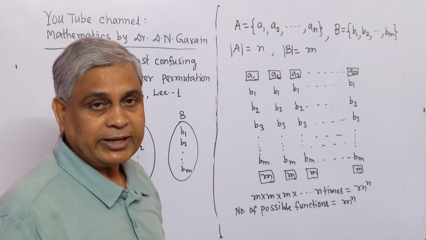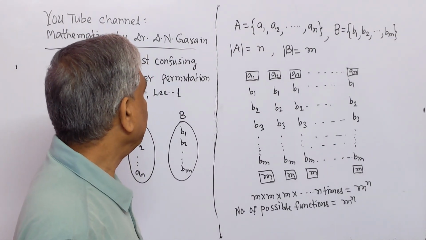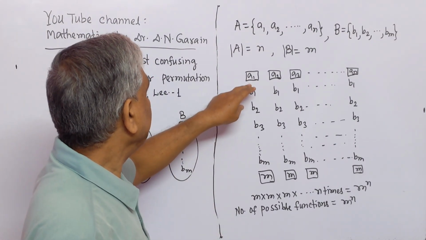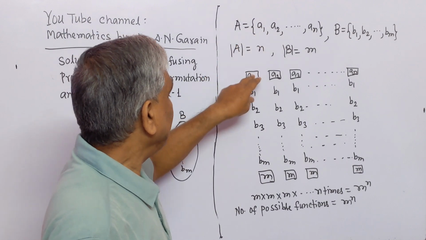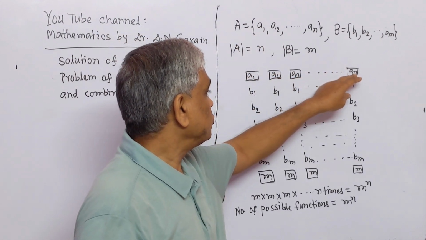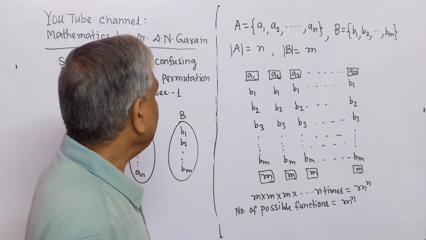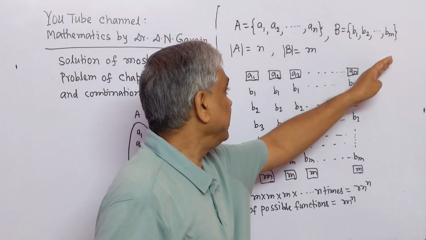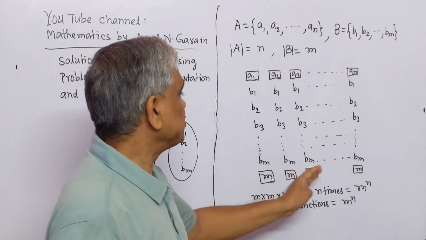Now we frame the table, the D table. Firstly, we write the elements of A under square boxes and the elements of B in different columns.